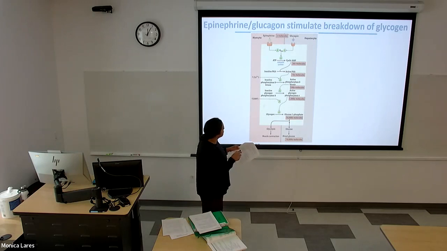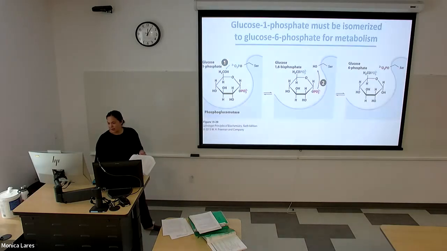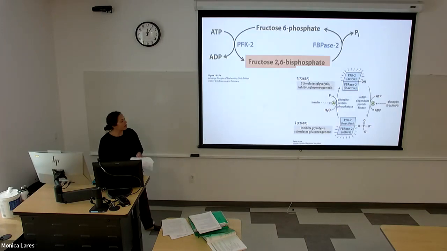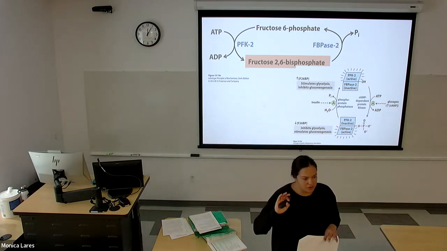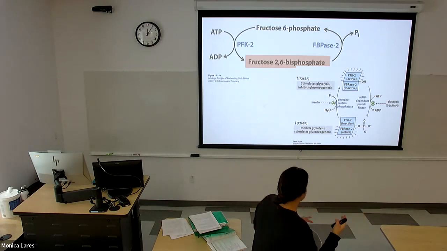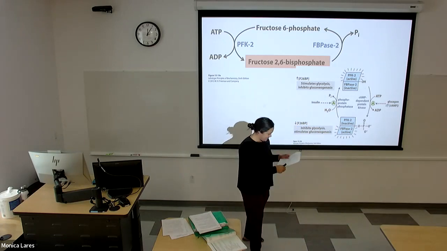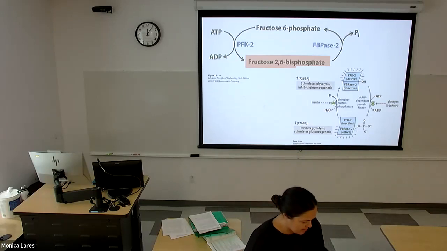You can see in our case, glucagon activated the kinase, which activated this phosphatase, which led to the getting rid of the fructose 2,6 bisphosphate, which led to increase in FBPase1 activity and decrease in PFK1 activity. So there's this whole kind of cascade effect due to the glucagon signal.